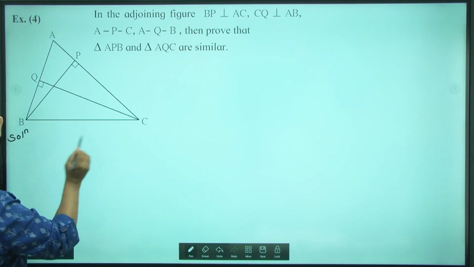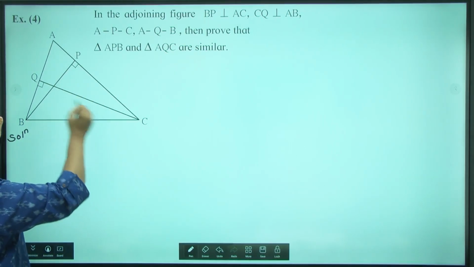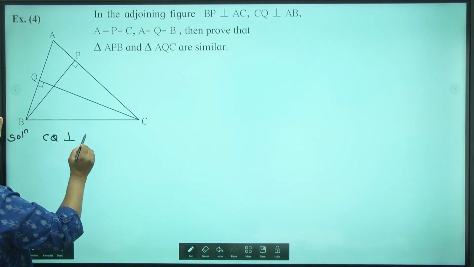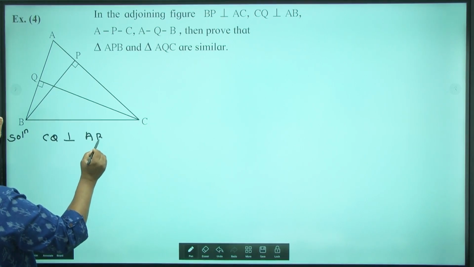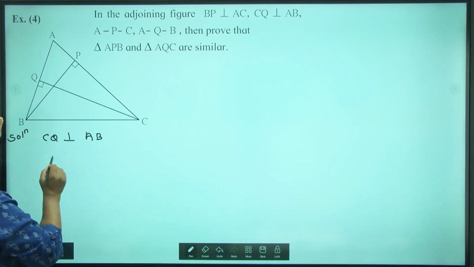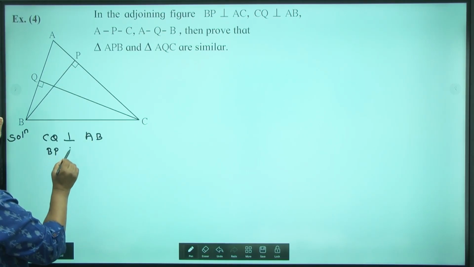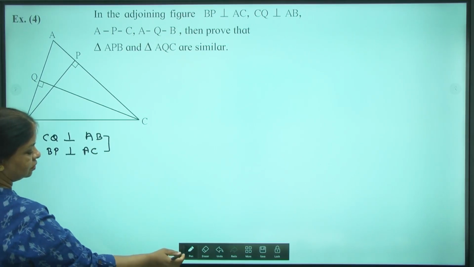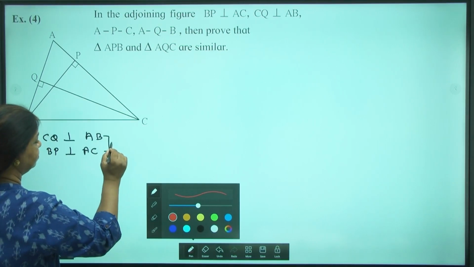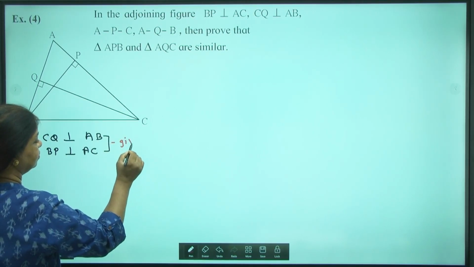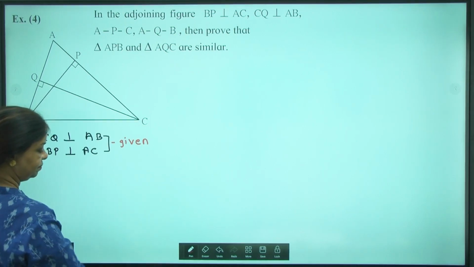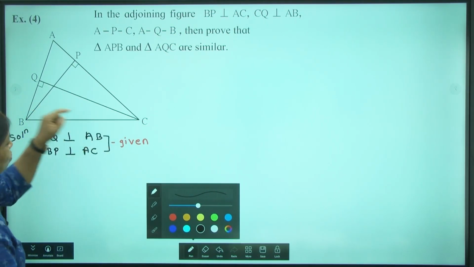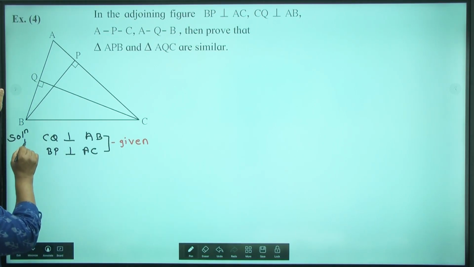First we will write that CQ is perpendicular to AB and BP is perpendicular to AC, and the reason is given. So this is my first statement.